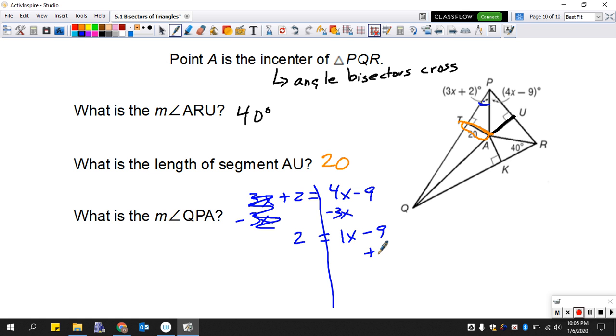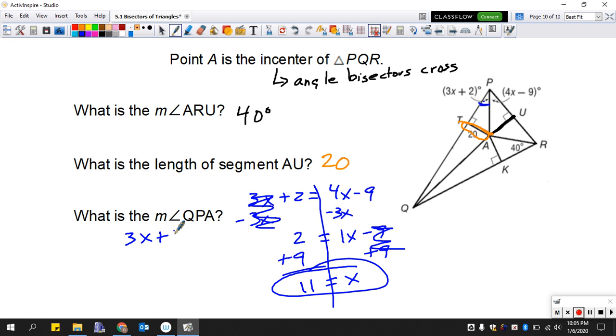We're going to add 9, and we end up with 11 is equal to x. So our value of x is 11, so we just take this 3x plus 2, that's QPA, plug in the 11, so 3 times 11 plus 2 is 33 plus 2, which gives us an angle measure of 35 degrees.